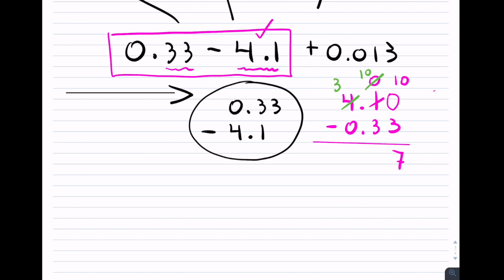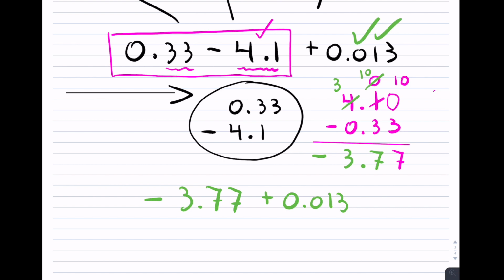So 10 minus 3 is 7. The decimal stays in the same spot. Okay, and this is 3. And don't forget, this was negative. So now we have negative 3.77 plus 0.013 from right here.